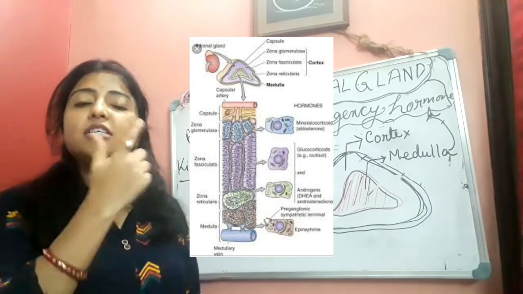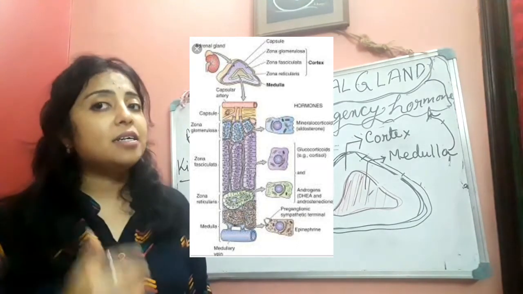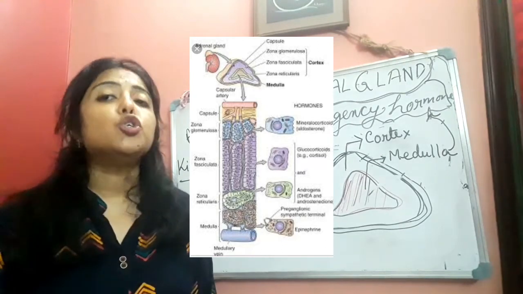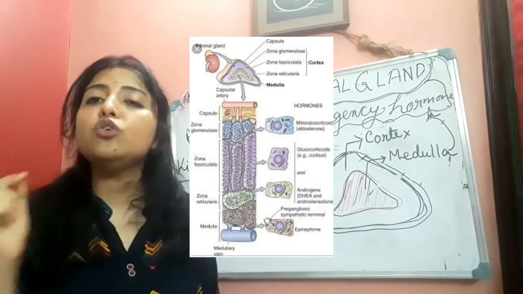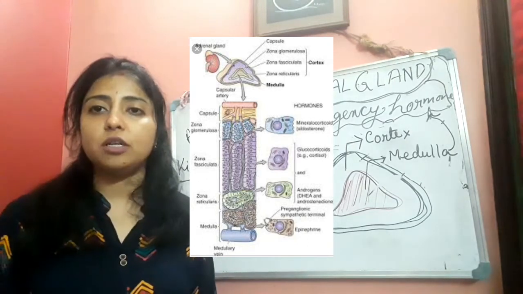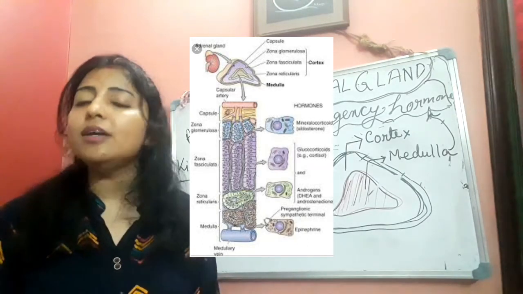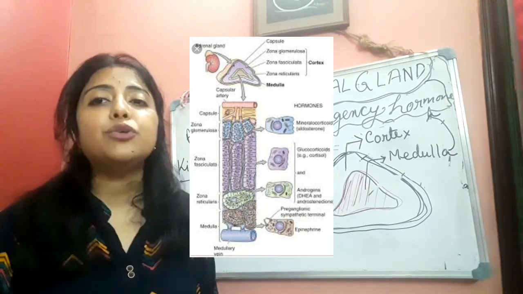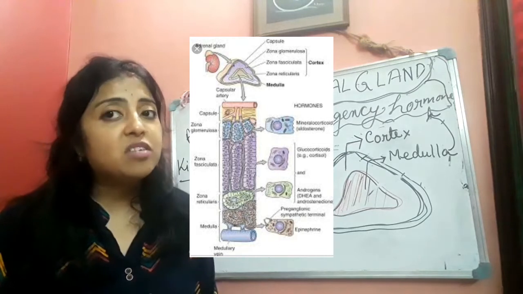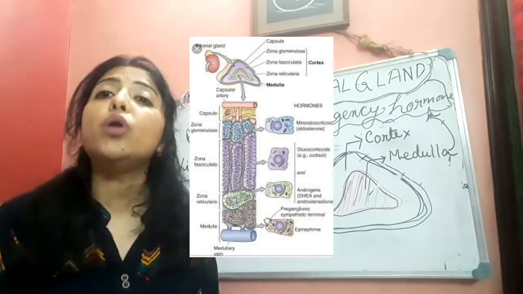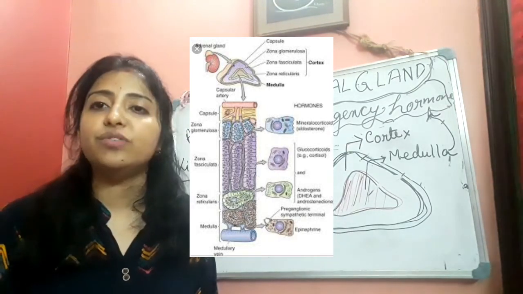Okay. Another portion. What is the other part? That is zona reticularis. One steroidal hormone will be secreted from this portion. What is the name of this hormone? That is known as androgen, and its target organ is also the gonads, that means testis and ovary.